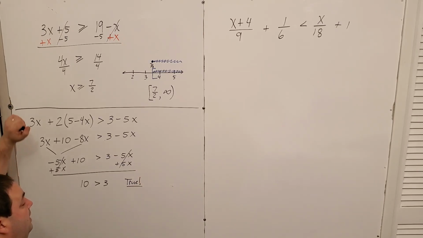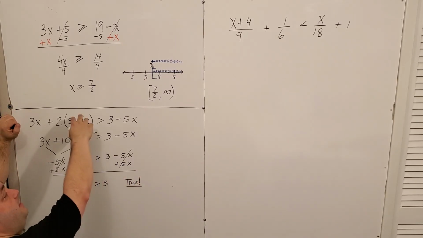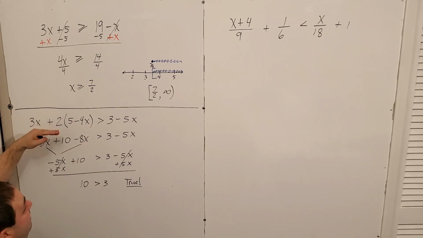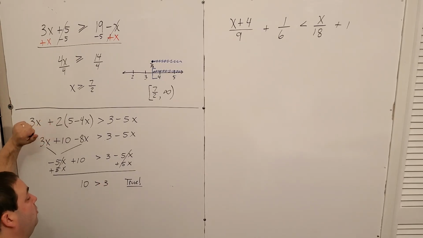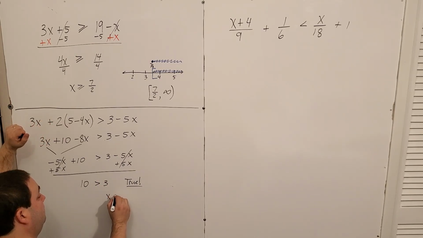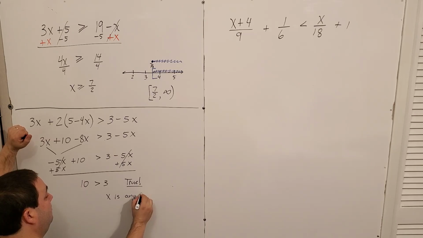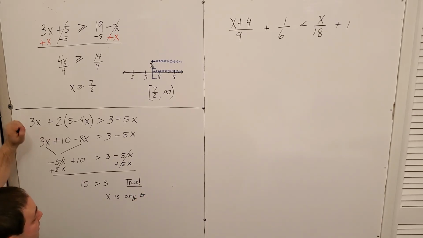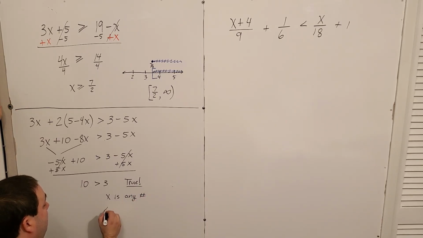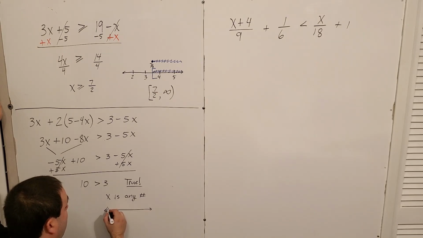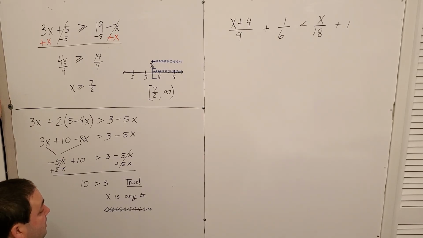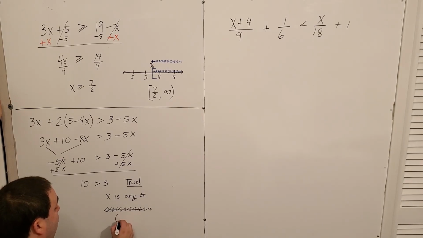And remember, if it's already true, that means x didn't have a say in whether it was true or false to begin with, and that means all numbers. Right? So if I were to graph that, I would just be shading the whole number line. Okay? And then the interval notation for that would be negative infinity to infinity.